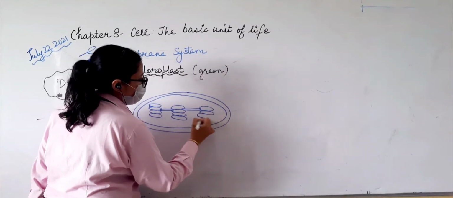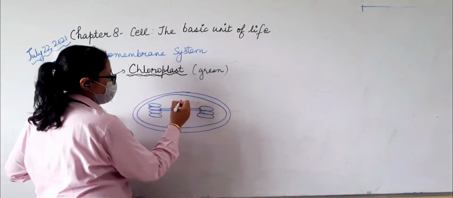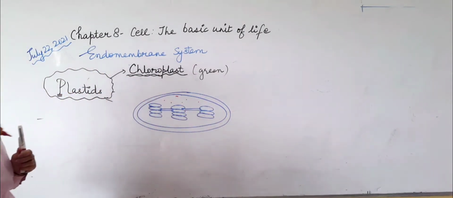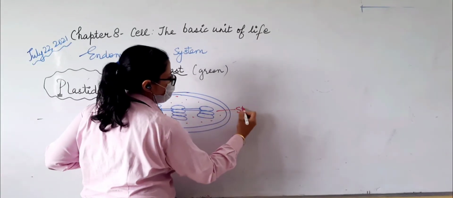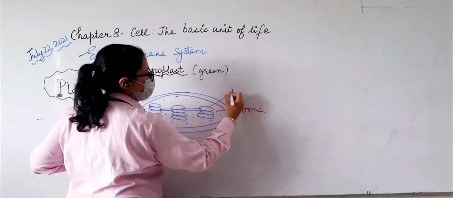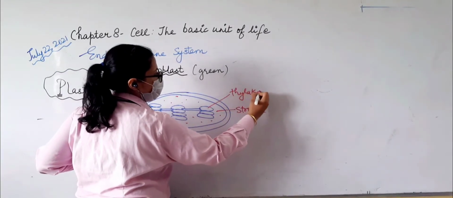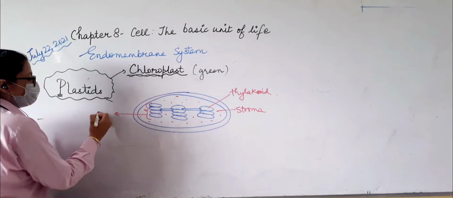Now what are the different parts over here? Please understand, this cytoplasm, like in mitochondria it was called matrix, here it is called stroma. These stacks, single structure is thylakoid, and the whole part can be referred to as grana.